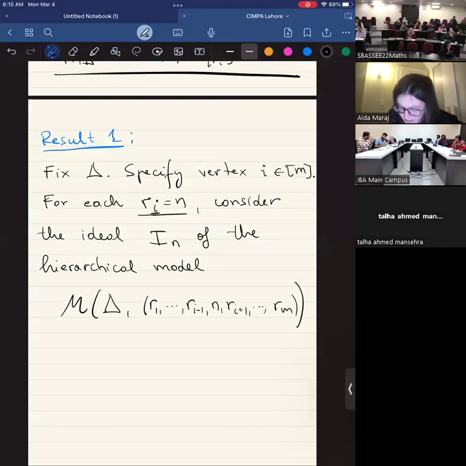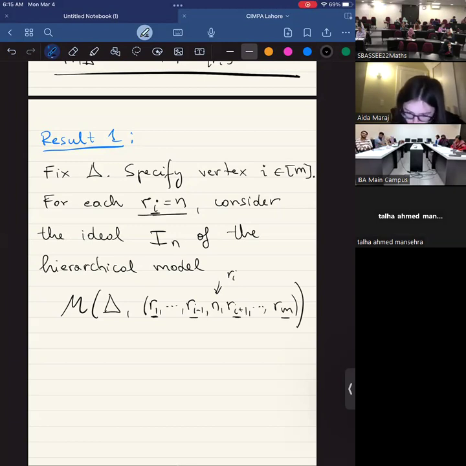So we are fixing every element in that vector of states except the Ri. The Ri is the one that is moving.